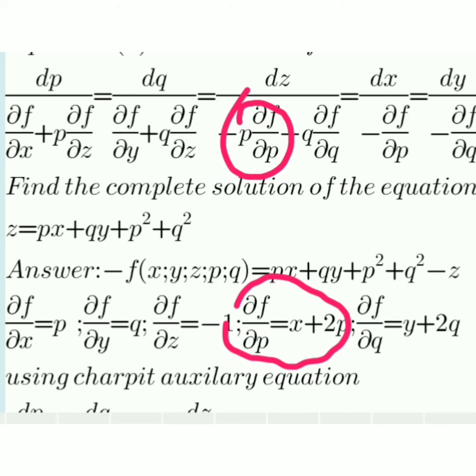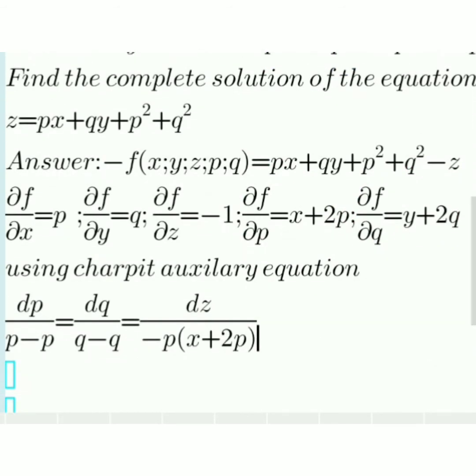Must remember, I multiply p with del f by del p, which means x plus 2p into p, and del f by del q, which is y plus 2q, I will multiply by q. So I multiply minus q into y plus 2q. This is my value for dz.